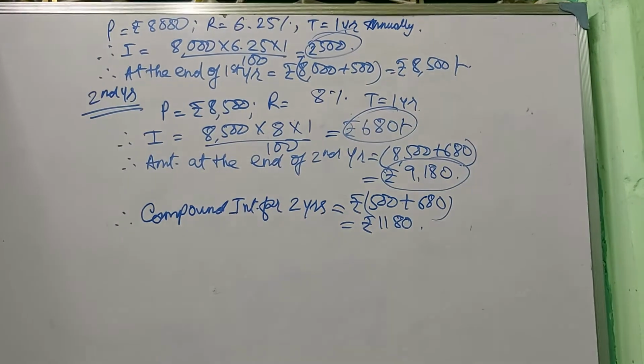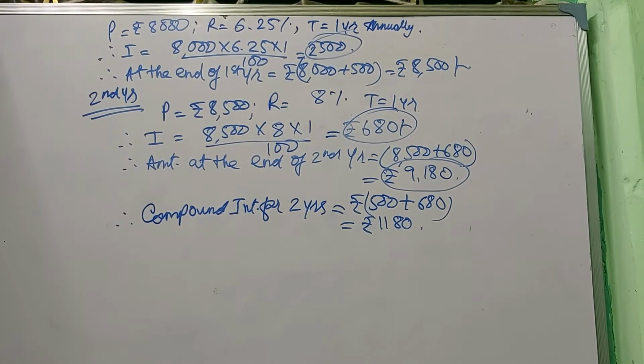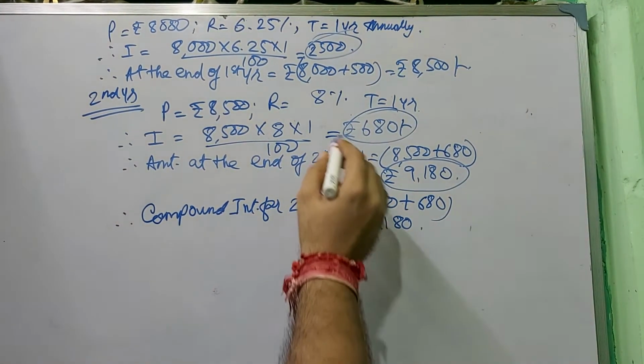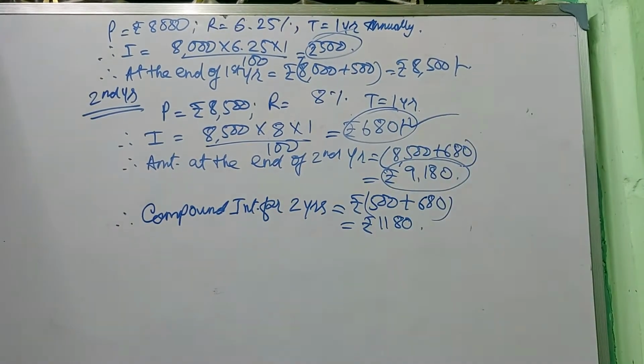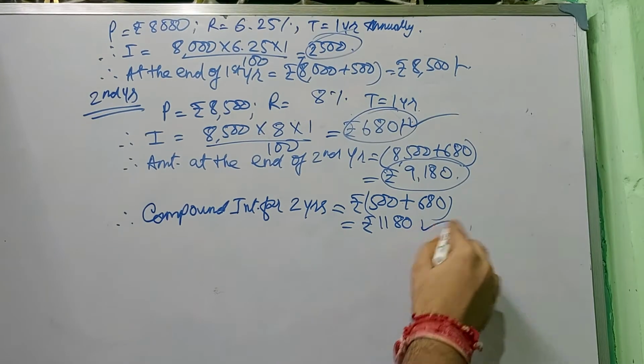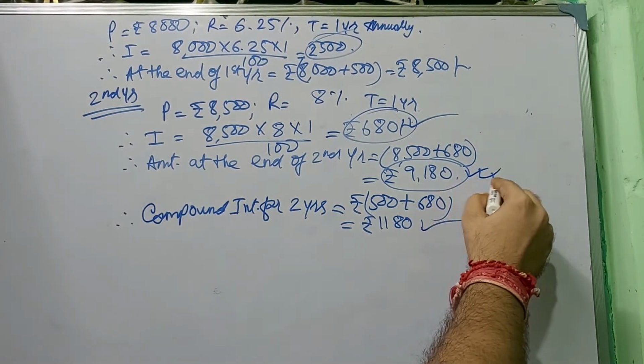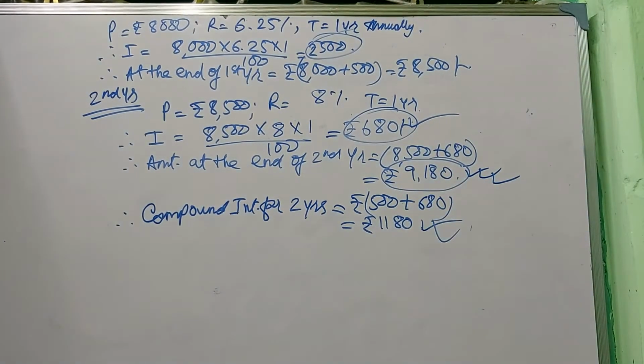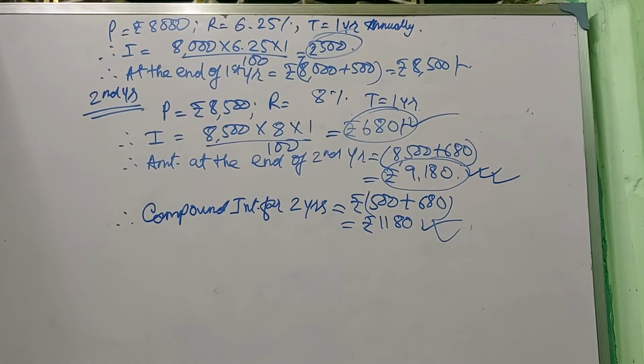And the first question is to find the compound interest for the second year. Compound interest for the second year is this amount. Okay, this is the first answer, this is the second answer, and this is the third answer. This is the solution of the previous day's homework which I had given.